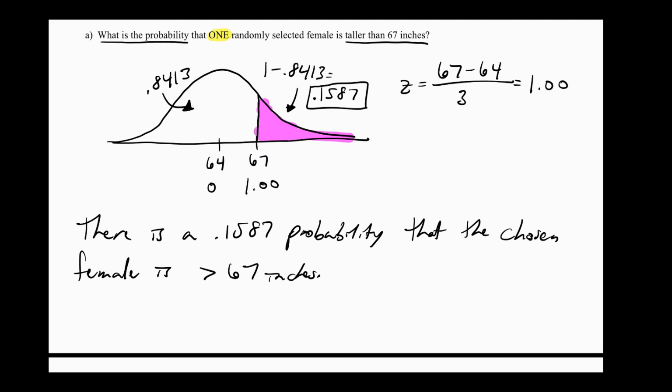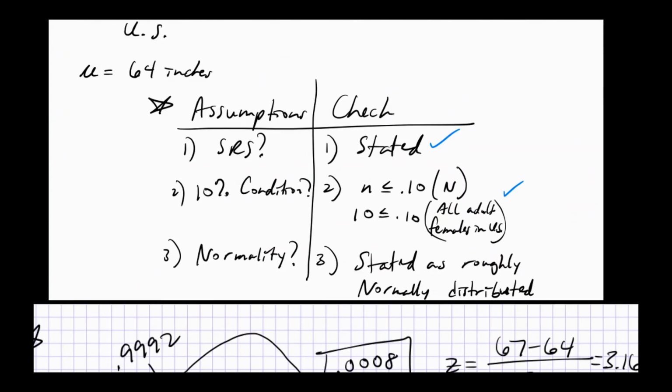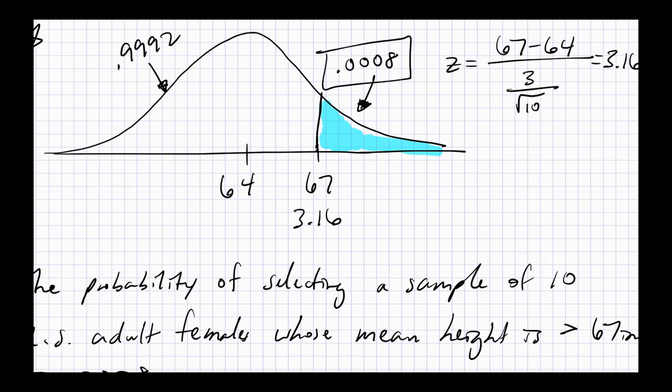So if I randomly grabbed one female, the chances that her height is taller than 67 inches is about 16%-ish, right? But the probability I grab 10 females and find their average height, and that average is taller than 67 inches, is pretty much impossible. Not going to happen.